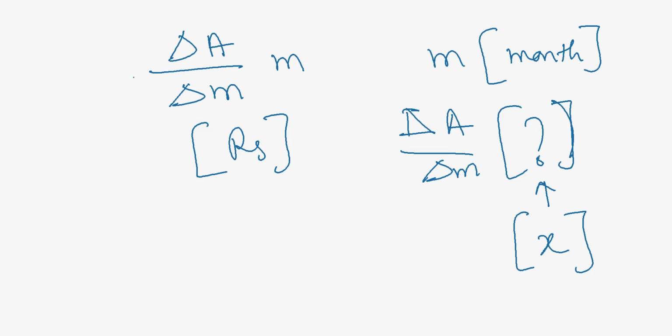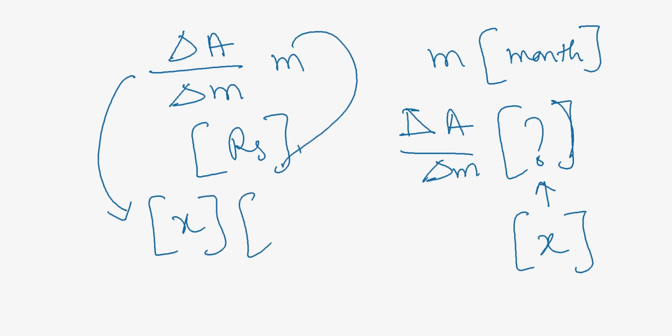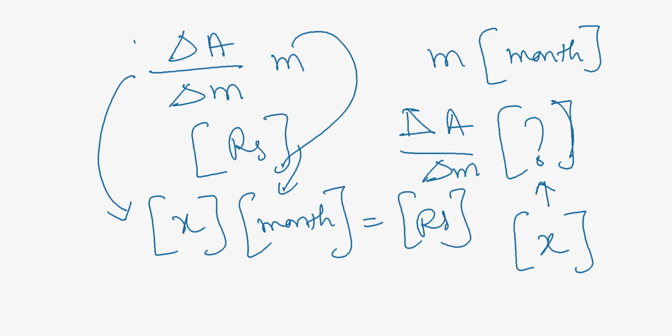All we are saying is, if you multiply the unit of X by the unit of M, which is month, this should be equal to rupees, because this is getting added with the D and equated to the A, and both of these are rupees.